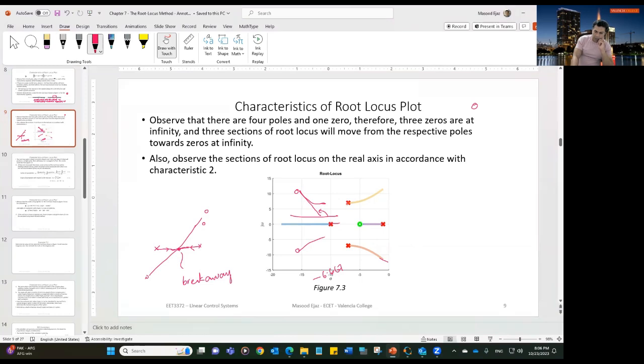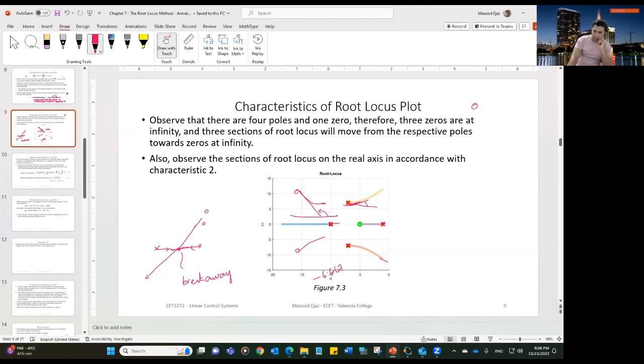And from the pole, if it is going towards a zero, then once again, the angle that you have over here with respect to the x-axis is called the angle of departure. That's what it means: arrival because you arrive towards a zero, and depart from a pole. So those are angle of arrival and angle of departure.